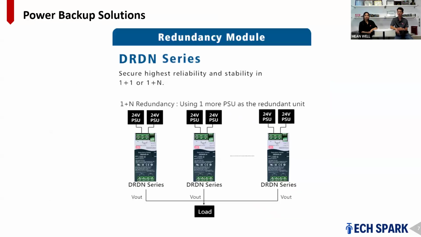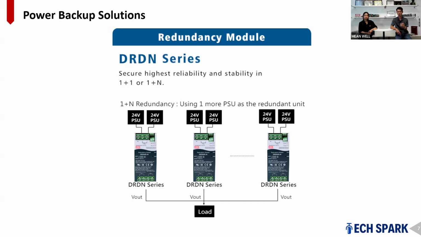Yeah, as a customer may have concerns about power outage, we have a redundancy backup solution, and multiple power supplies can be assembled onto the RDN to power the application.